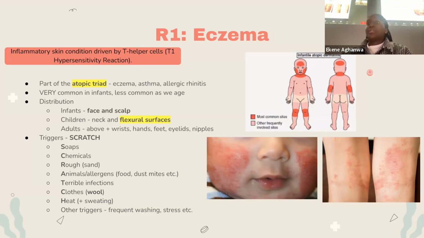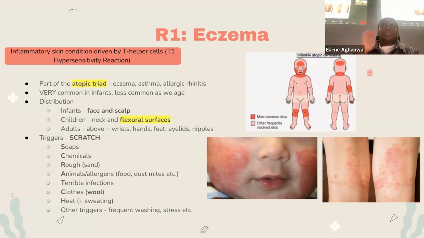Eczema is quite common in infants, and it becomes less common as people get older. The distribution of eczema on the body actually changes as we get older. In infants, it's more likely to happen on the face and the scalp, whereas in children and adults, it'll occur on the flexural surfaces, and that's quite buzzwordy for eczema, so things like the popliteal fossa and the cubital fossa.